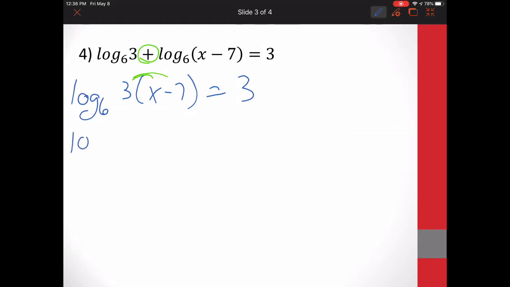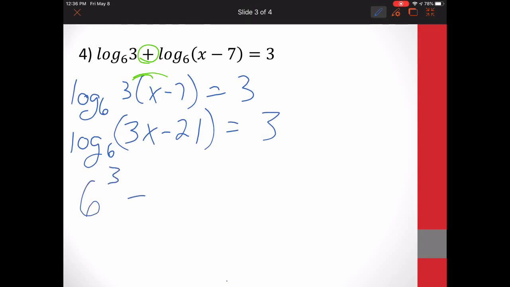So that's log base 6 of 3x minus 21. I'll put that back in parentheses just to show you the separation of it. Then we're rewriting now: 6 to the third equals 3x minus 21. 6 to the third is 216, so 216 equals 3x minus 21.